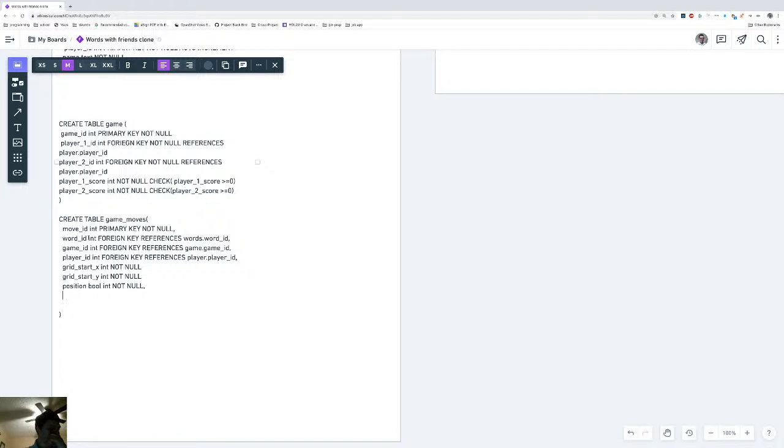Now you have the grid place where it starts. Would need a length. Got that, look that up. Have whether it's horizontal.